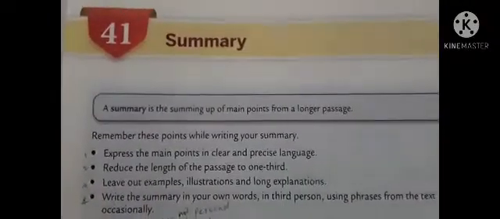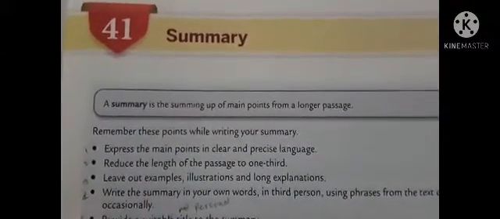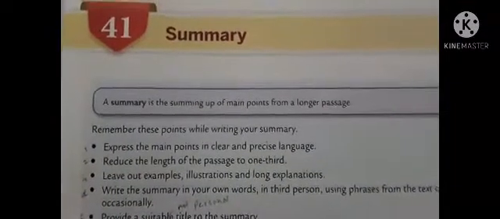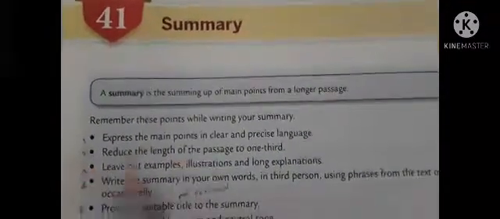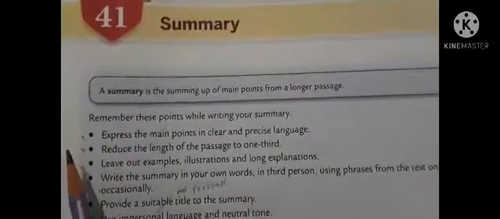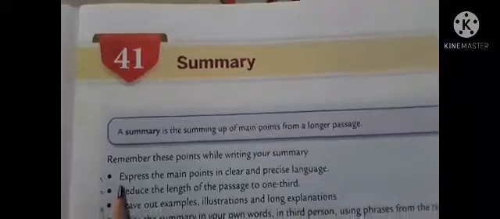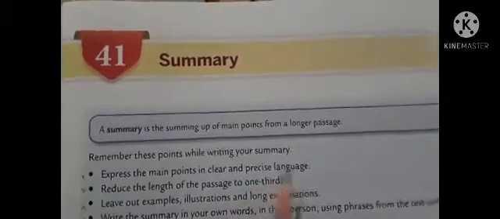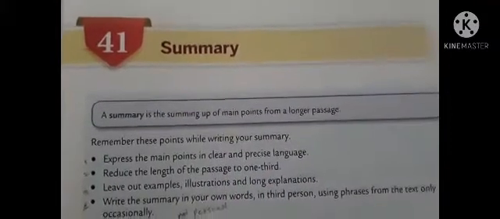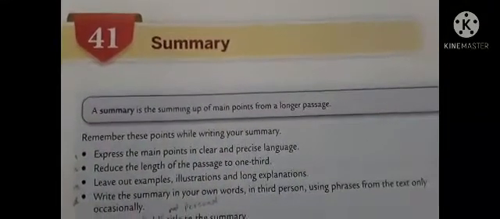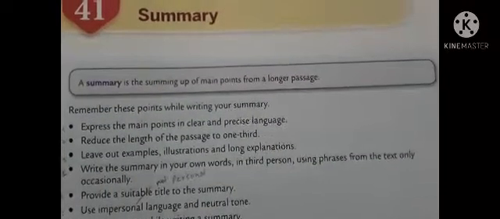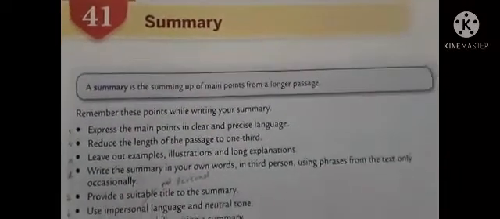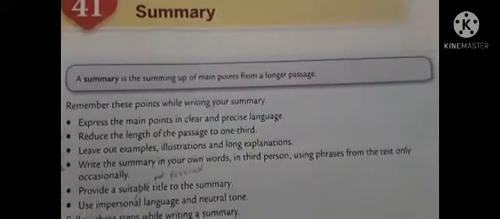So, while we write a summary, we should remember these points. The first is we should express the main points in clear and precise language. So when we write the main points, it should be clear and precise language.